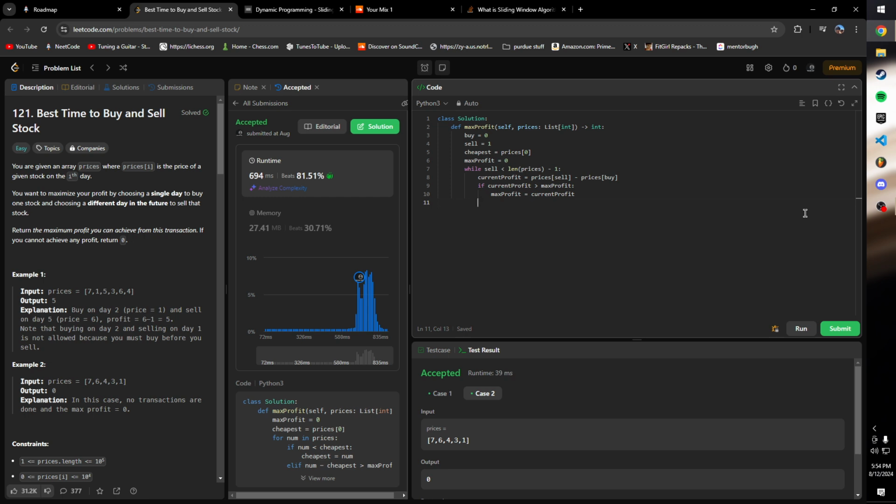So we say if prices of sell is less than cheapest, then cheapest equals prices of sell. Right? Let me see.